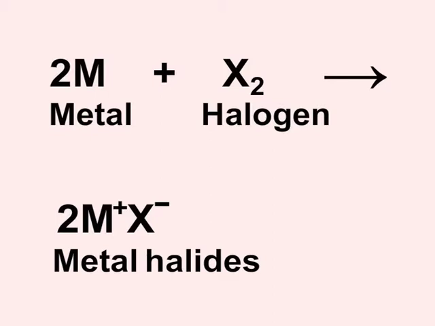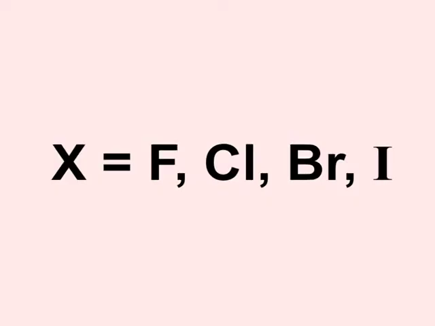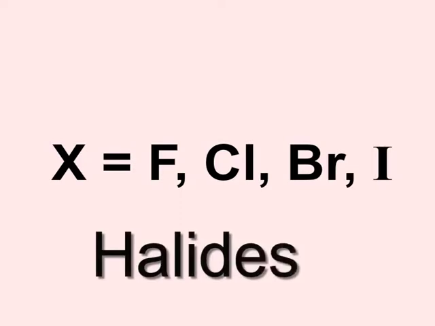Here, M may be Li, Na, K, Rb, Cs, or lithium, sodium, potassium, rubidium and cesium, where X is equal to F, Cl, Br and I, or fluorine, chlorine, bromine and iodine. Generally, they form ionic metal halides. One exception is there. Lithium forms lithium halides, which are covalent in nature.